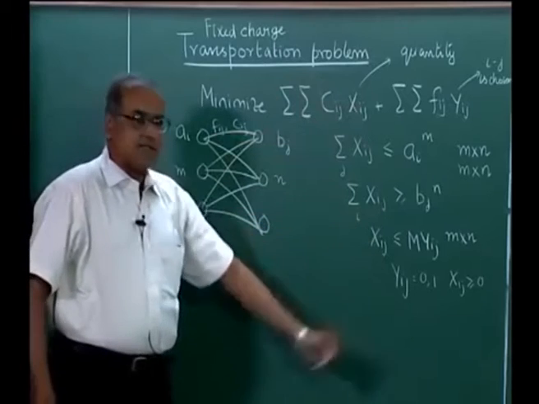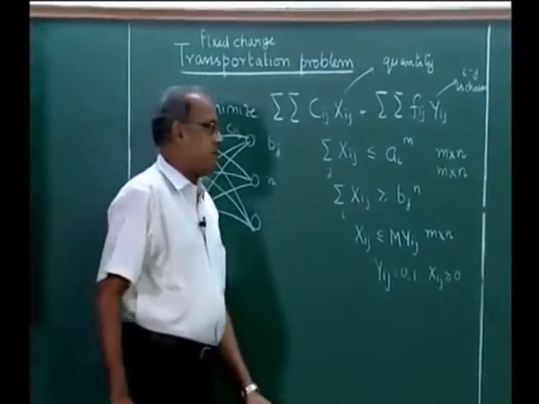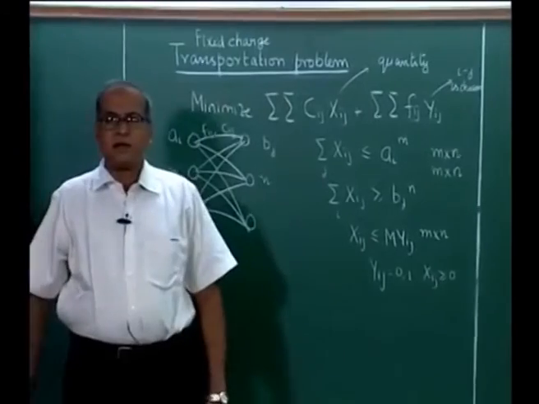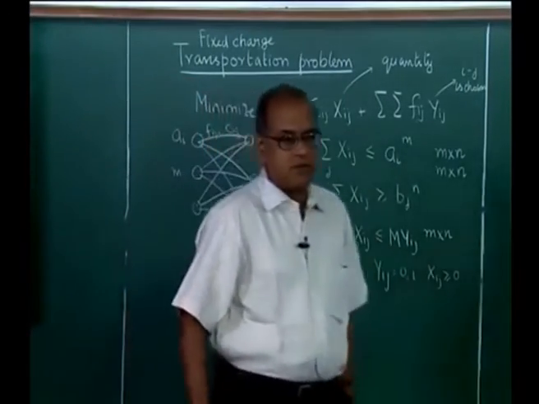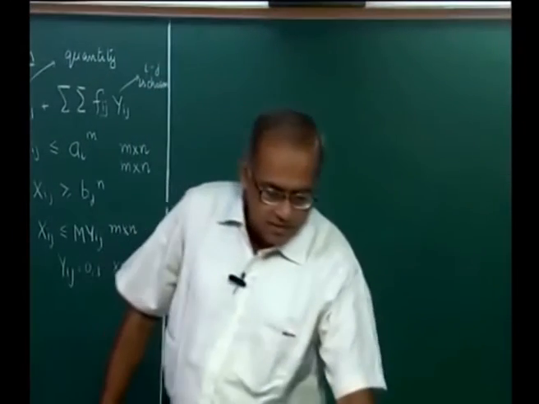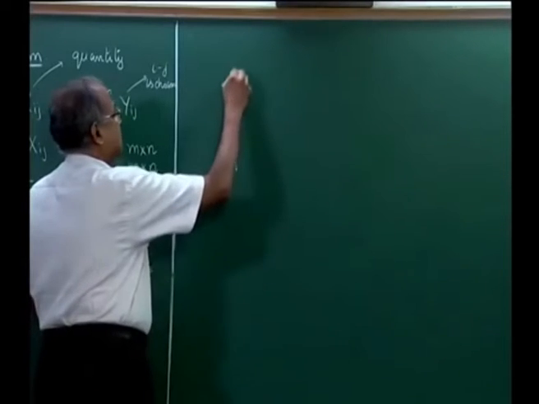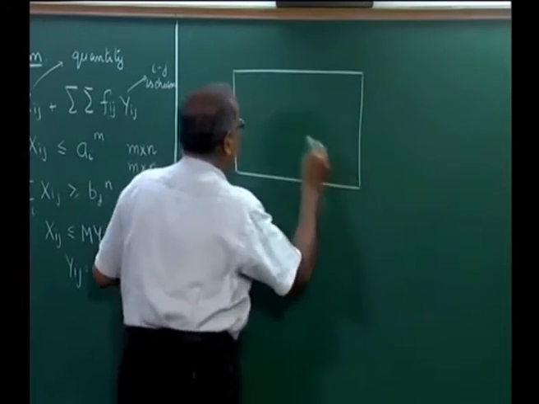Now we can solve this as an optimization problem, like a mixed linear integer programming problem, where some of these variables are binary variables, some of these variables are continuous variables. Now we can solve this to get the optimum solution to this problem. So let me look at a 3 by 3 problem that we have already seen and try and add a fixed charge to it.